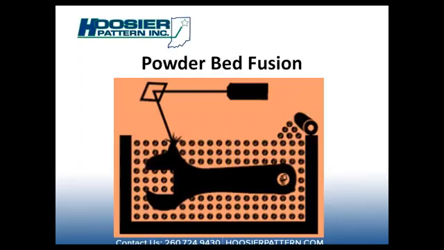This process goes by a number of different names: SLS, selective laser sintering; DMLS, direct metal laser sintering; SLM, selective laser melting; EBM, electron beam melting; SHS, selective heat sintering; MJF, multi-jet fusion.